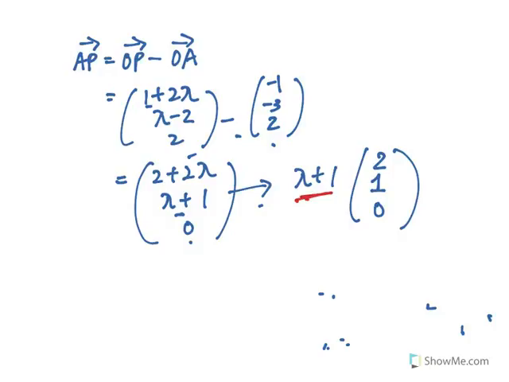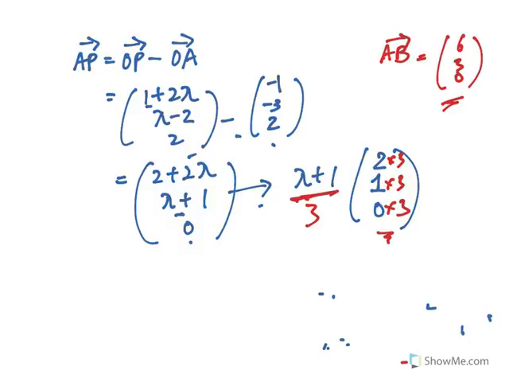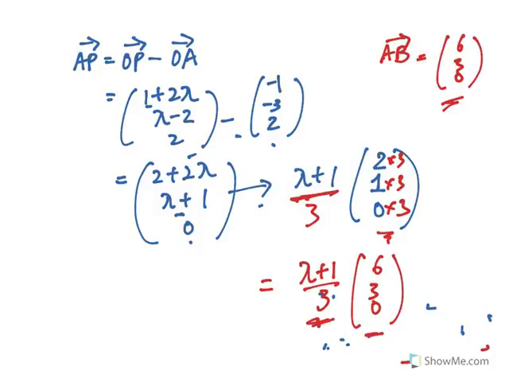Now 2, 1, 0, recall that AB is equal to 6, 3, 0. Comparing these two vectors, scalar multiple, yes. We just need to times 3 for each component, and we divide by 3 outside. AP can actually be rewritten as (λ plus 1) over 3 times 6, 3, 0. And you can see that indeed this is a scalar multiple of AB.